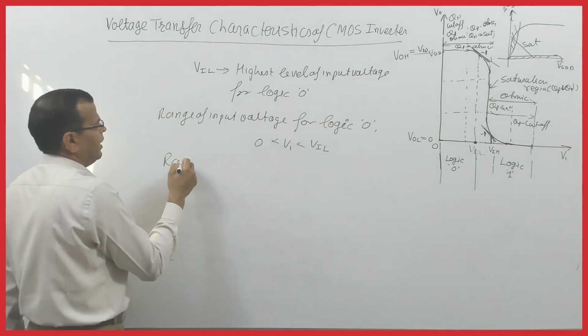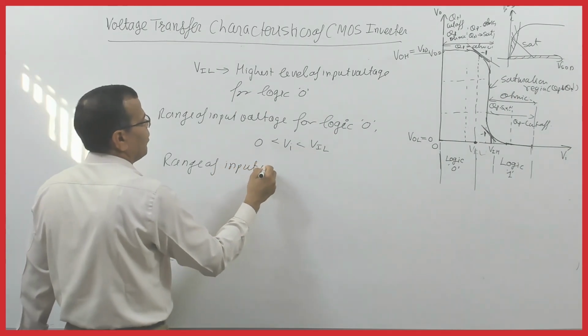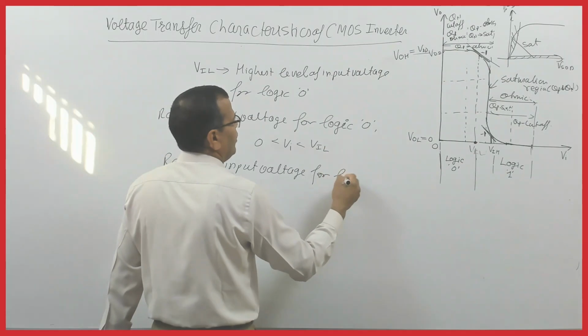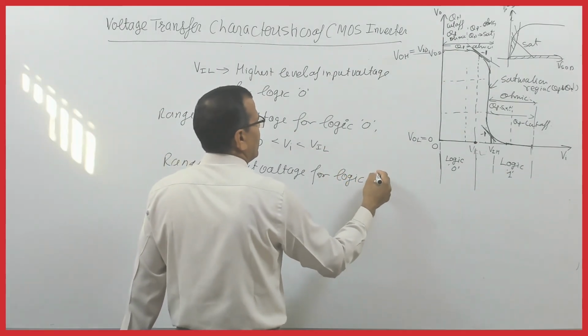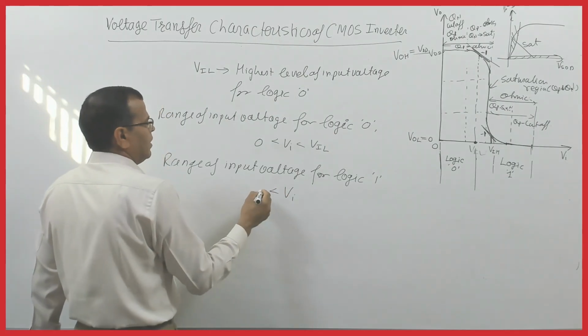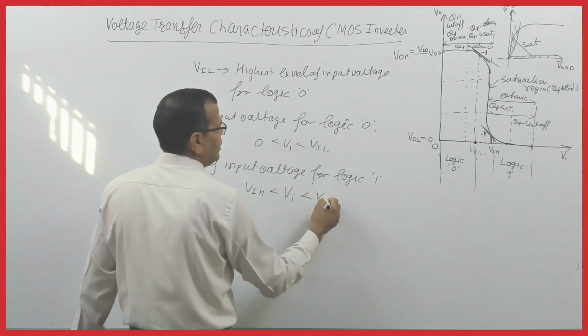Now the range of input voltage for logic 1, that is VI should be greater than VIH and less than VDD.